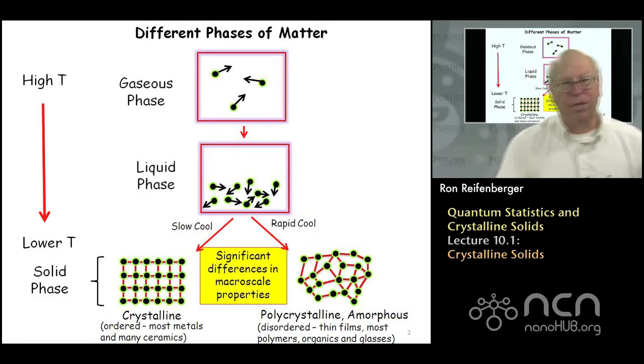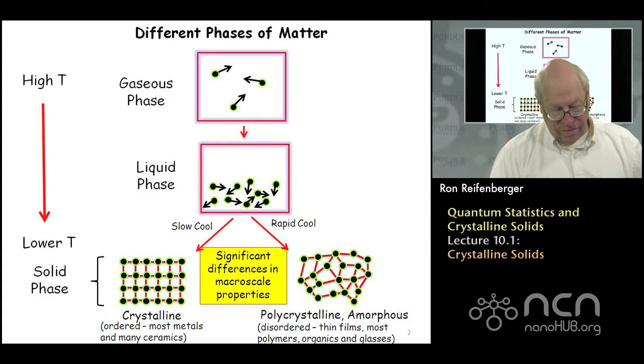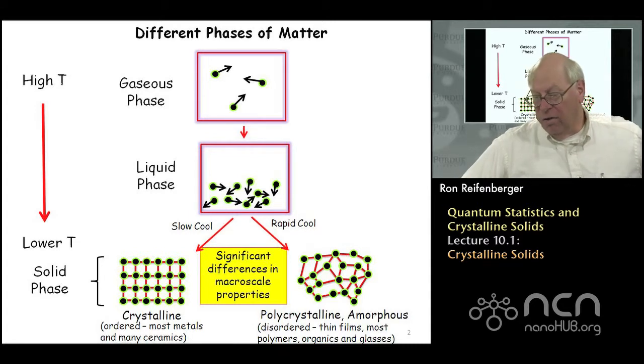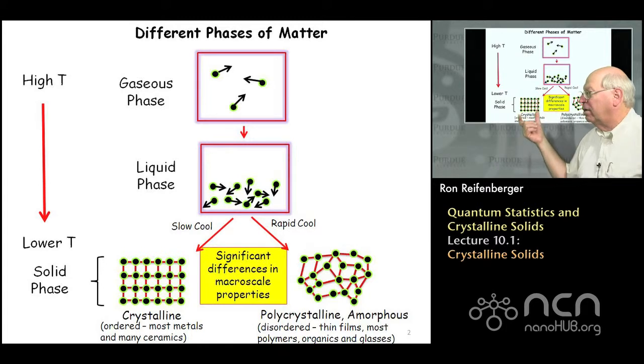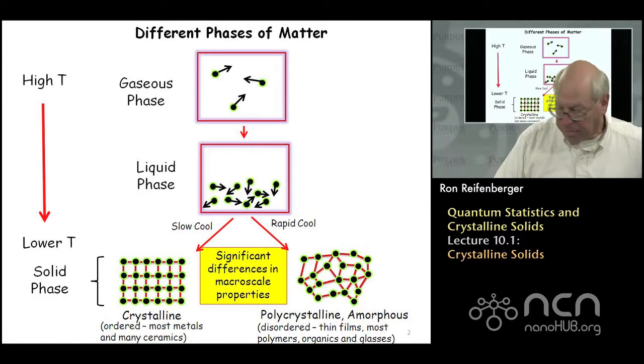We can't possibly discuss all the measurements that have been performed and all the different properties that characterize the different phases of matter. So we're going to focus on this crystalline phase of solids, and we're going to try to describe the nature of electron states in this solid and how electricity is conducted by those states in this crystalline solid.